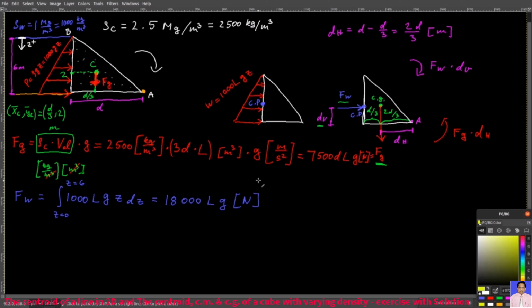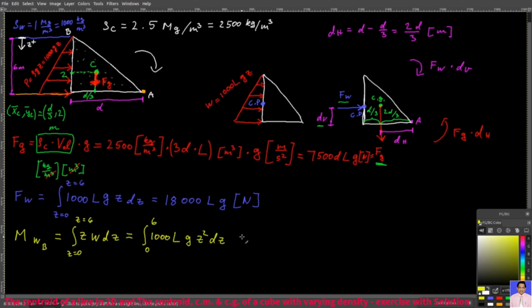And finally, to get this dV, I first calculate the total moment due to this force distribution about point B. So let me have the moment due to this distribution about point B. It will be the integral, and then Z times W times dz, exactly how we did it in the section on distributed loads.